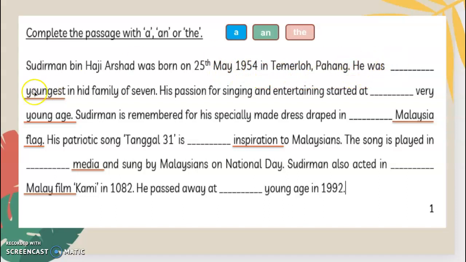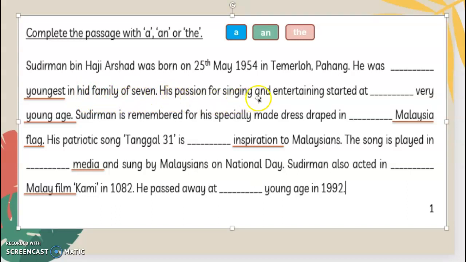He was the, you see the word underlined with the red line, youngest. We use the whenever it's -est, the superlative adjective. So we use the youngest in his family, a family of 7.